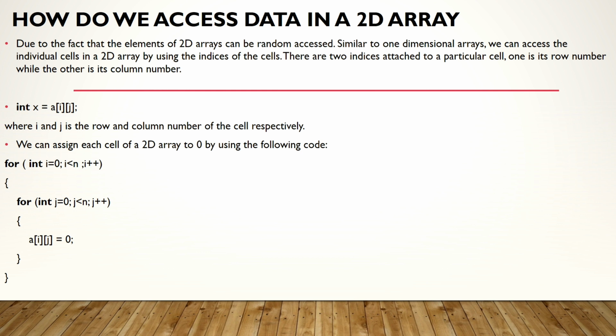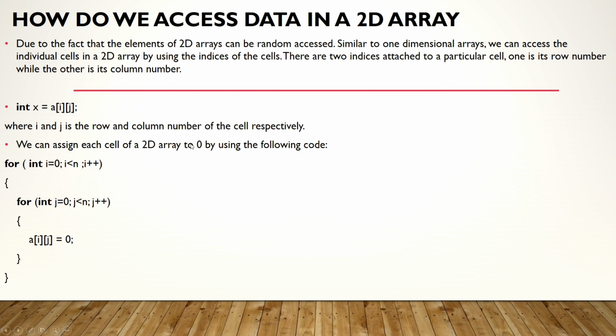One is its row number while the other is its column number. We can store the value stored in any particular cell of a 2D array to some variable x by using the following syntax. That is, int x = A[i][j], where i and j are the row and column number of the cell respectively.